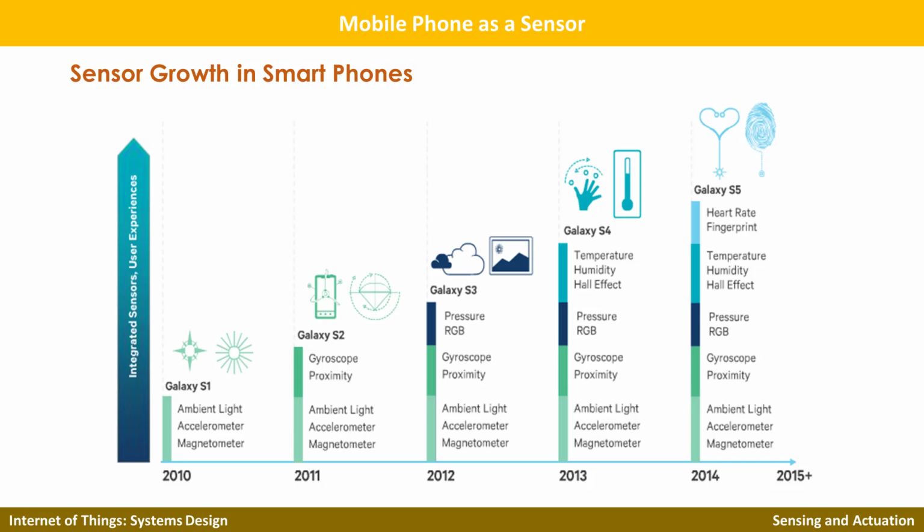By 2015, the number of sensors embedded in the smartphone increased to 14. This shows the trend where mobile phone manufacturers are keen on embedding more and more sensors and gathering more and more information about end users and consumers in order to extract knowledge and better serve their customers.